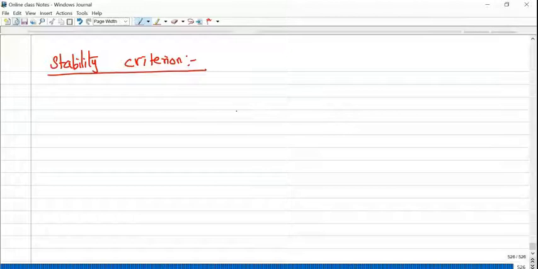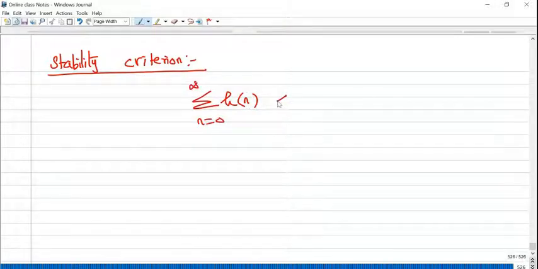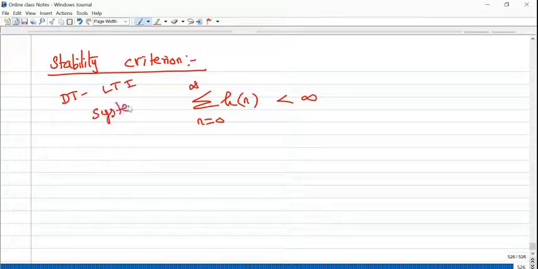So the stability criterion for a discrete time LTI system: the summation of modulus of h of n, n equal to 0 to infinity, must be less than infinity. That is the condition for stability of a DT LTI system. In the Z transform, how to find stability?